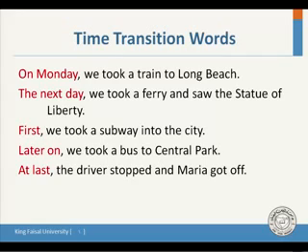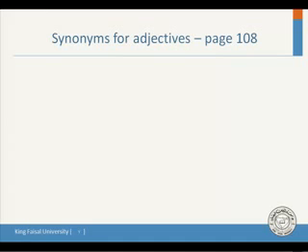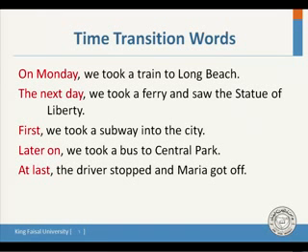At last, the driver stopped and Maria got off the bus. At last. So, again, all these are time transition words. They are words that signal the order of certain events according to time: first, second, then, after that.